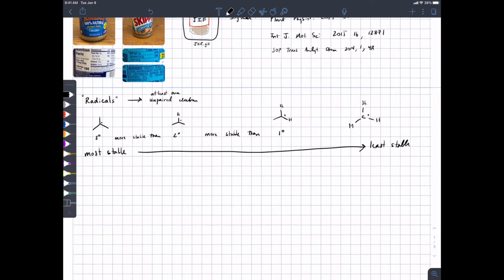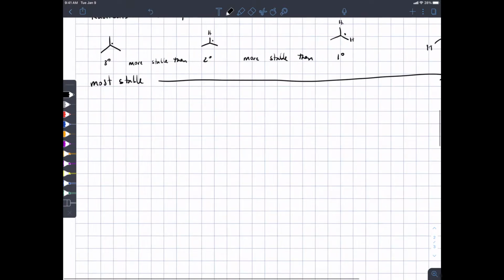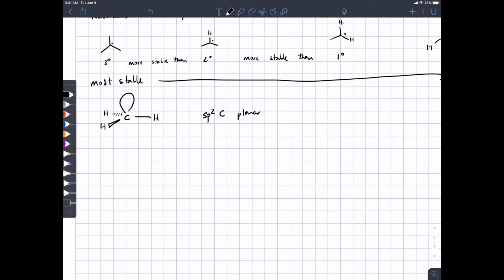Now, their structure is interesting. Generally, it's fine to think of radicals, and I'll just draw a methyl radical, as being sp2 hybridized, planar, with the single unpaired electron held in a p orbital. Not empty, not filled, just partially filled.